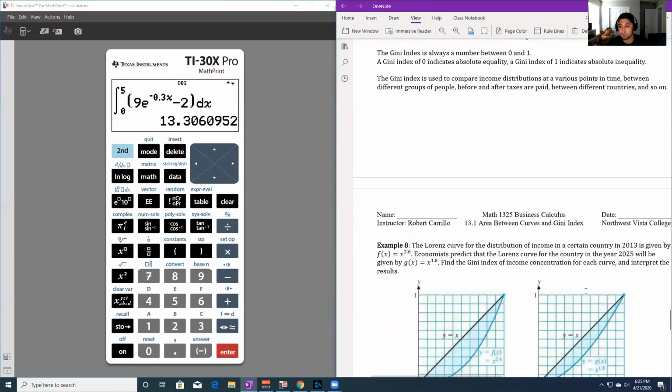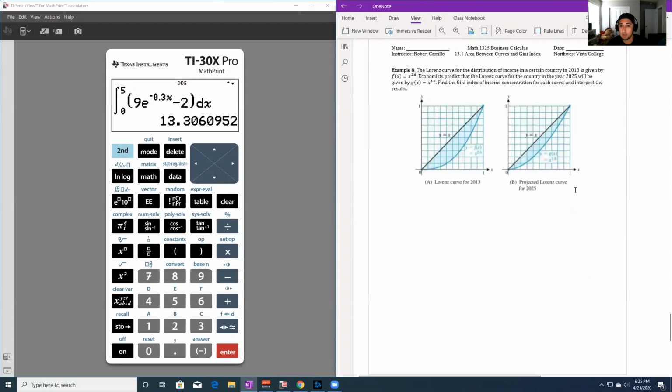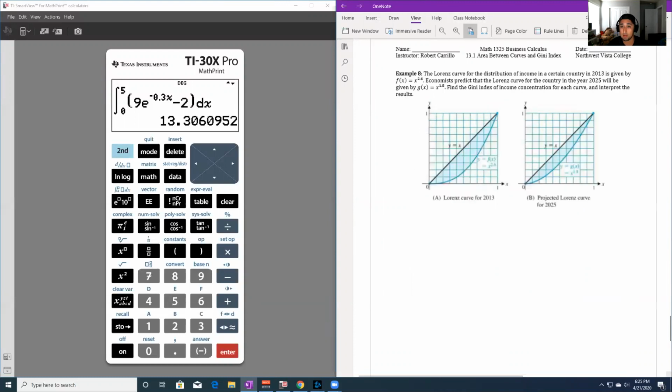For example 8, the Lorenz curve for the distribution of income in a certain country in 2013 is given by f of x equals x to the 2.6. Economists predict that the Lorenz curve for the country in the year 2025 will be given by g of x equals x to the 1.8. Find the Gini index of income concentration for each curve and interpret the results.